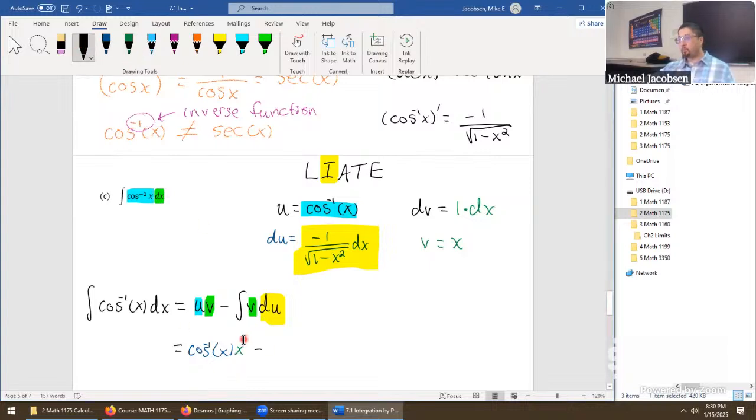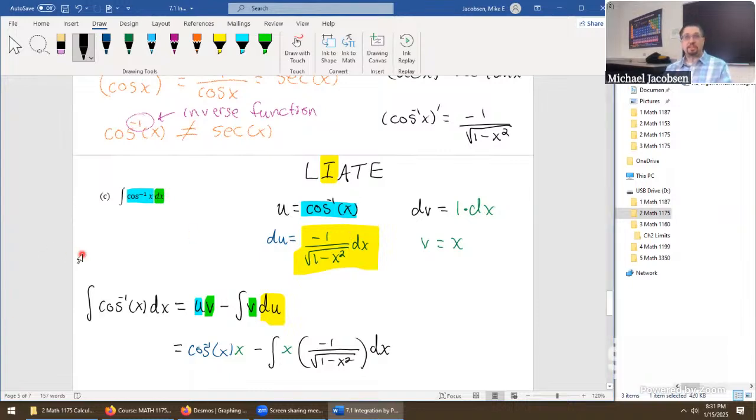Minus, on the next line, I'll probably put the x in front, so it's a little bit more clear what is the input to cosine inverse. This always looks a little bit weird in formatting. This is going to be the integral of v du, which means it's going to be x multiplied by, this is our du, negative 1 over the root of 1 minus x squared dx.